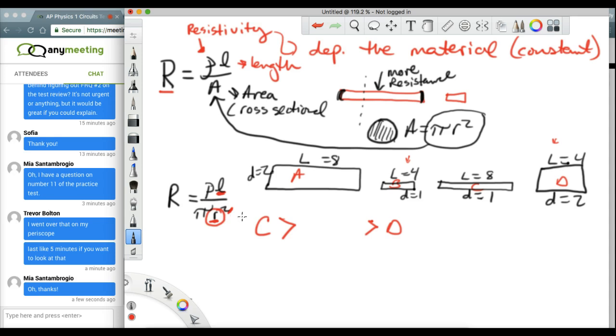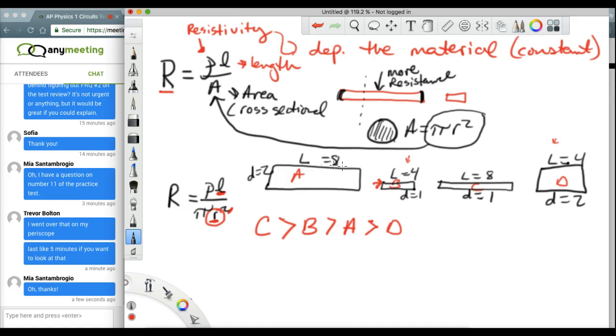So B is going to be the next greatest resistor because it is skinny, and then A is going to be the next because it is wide. Remember, it is long, but being long doesn't count for as much as being skinny does. That's just looking at it conceptually without really doing any math.